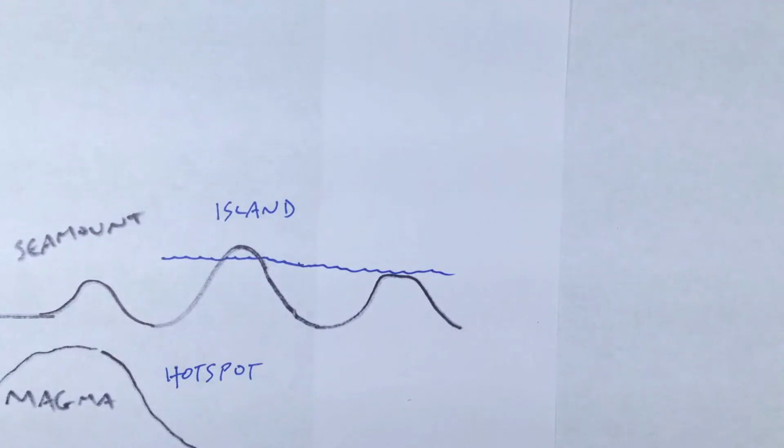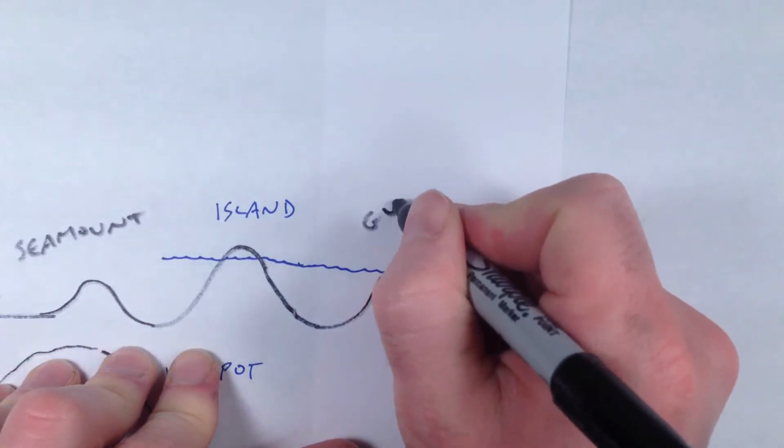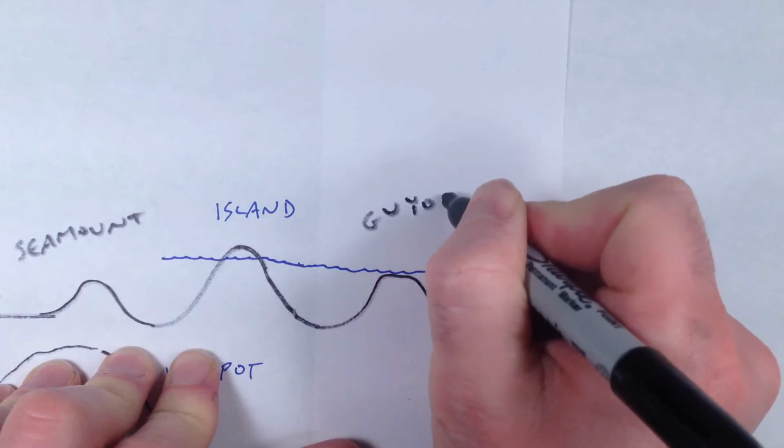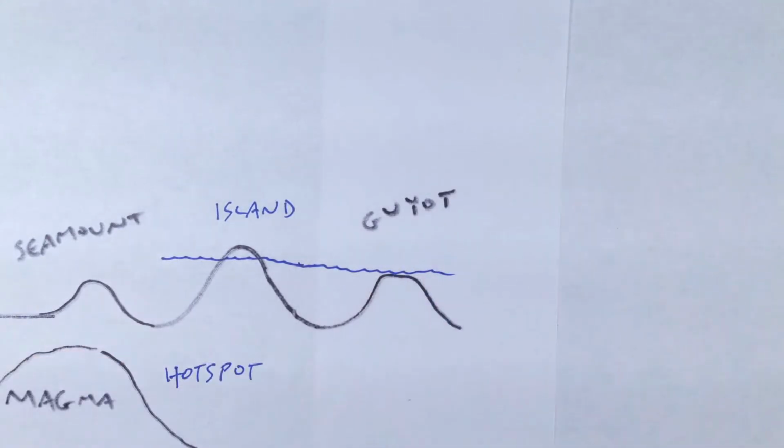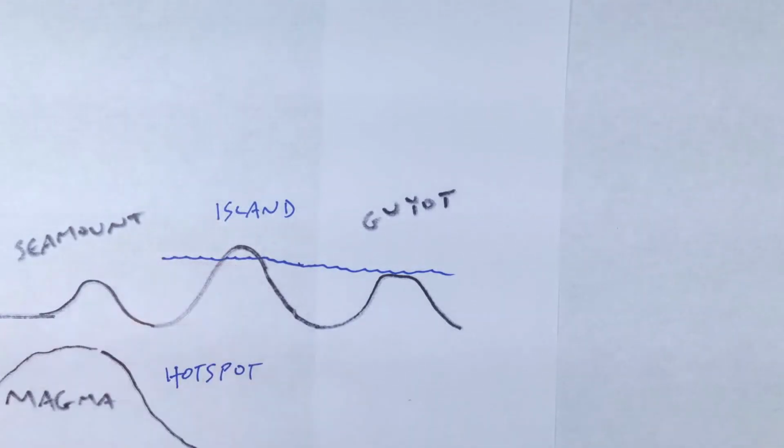Erosion above the surface has wiped it out. This is called a guyot. Guyot.